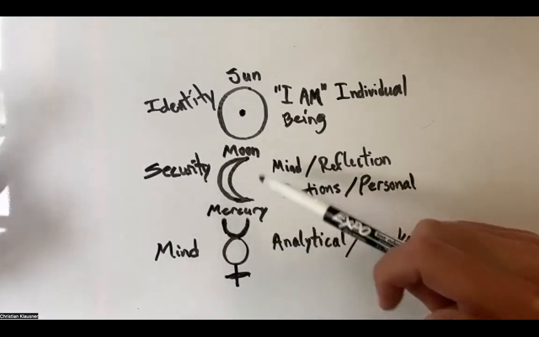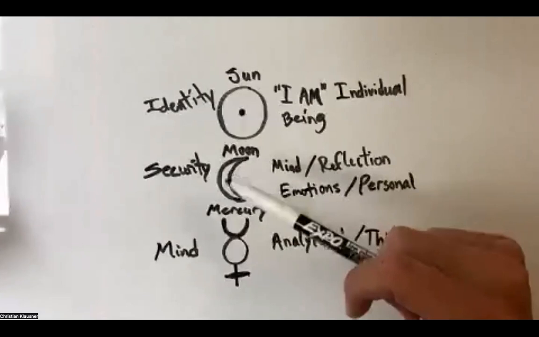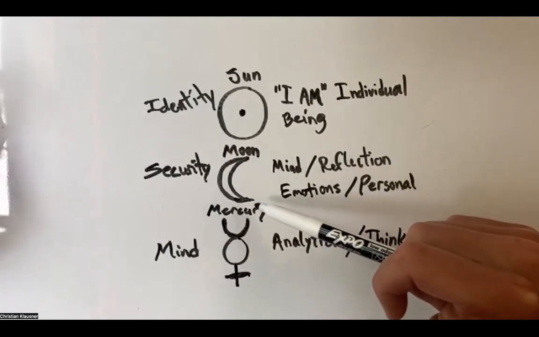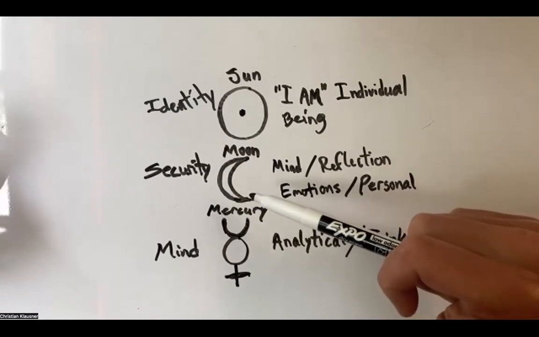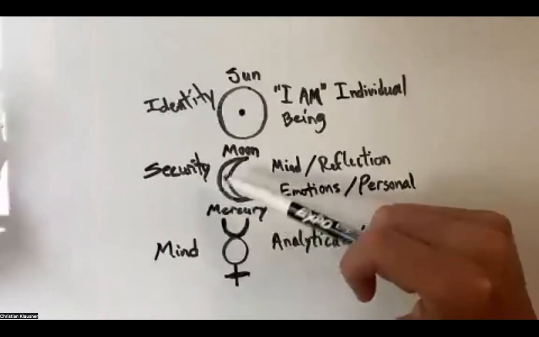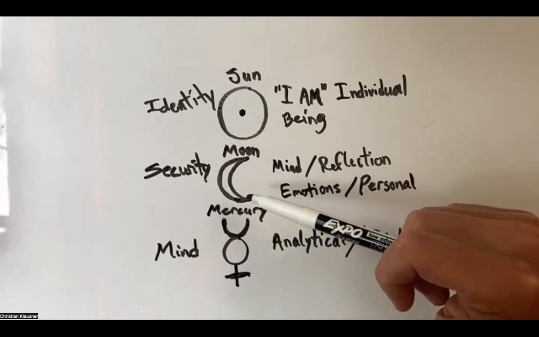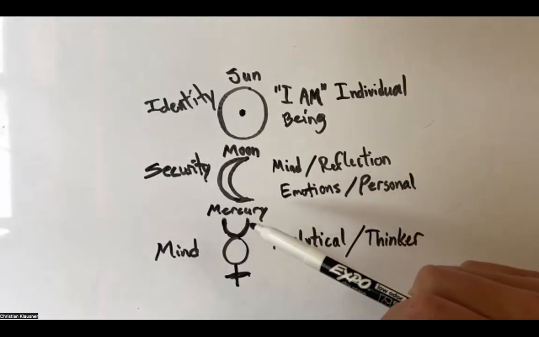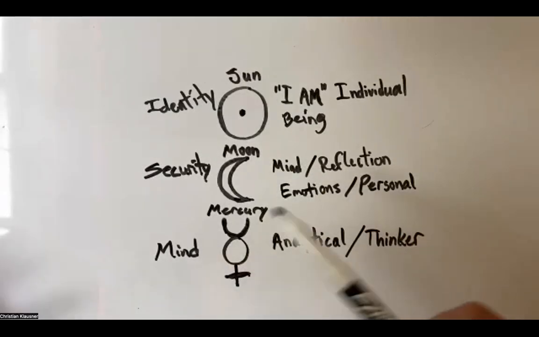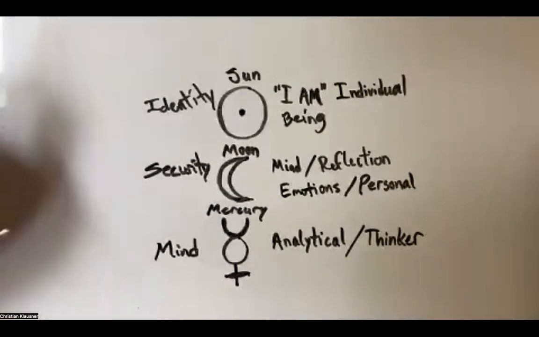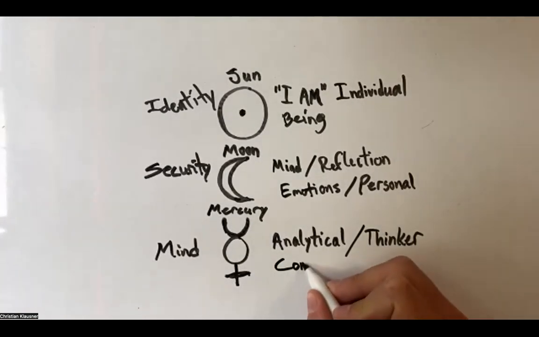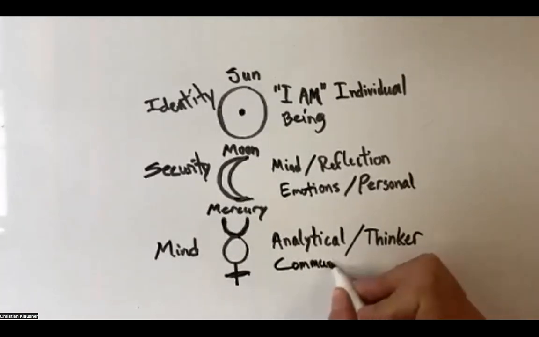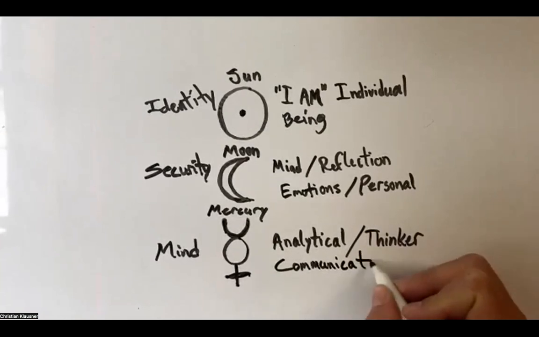That's why the moon rules the past. And the ancestral memory, which comes from the mother through the umbilical cord, which is carried in the belly, the solar plexus. So that's why the moon relates to the past and to the mother. Don't worry, this whole picture will become pretty clear as we go on. So Mercury also is about communication.